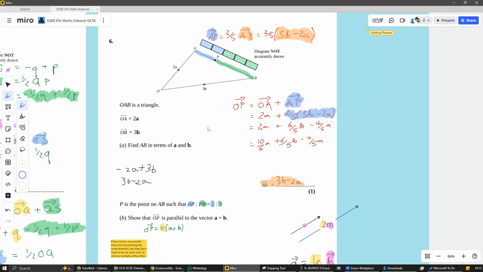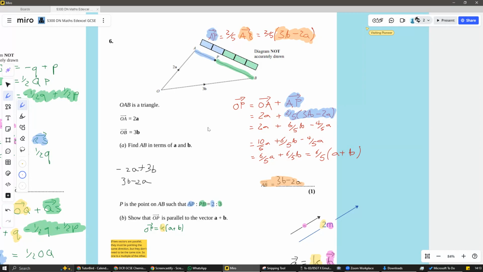Yeah, that's good. So I'm going to collect the 10/5 a and the 4/5 a, and we end up with 6/5 a. Still got the 6/5 b. And now we can take a factor of 6/5 outside the bracket, and we have a plus b.